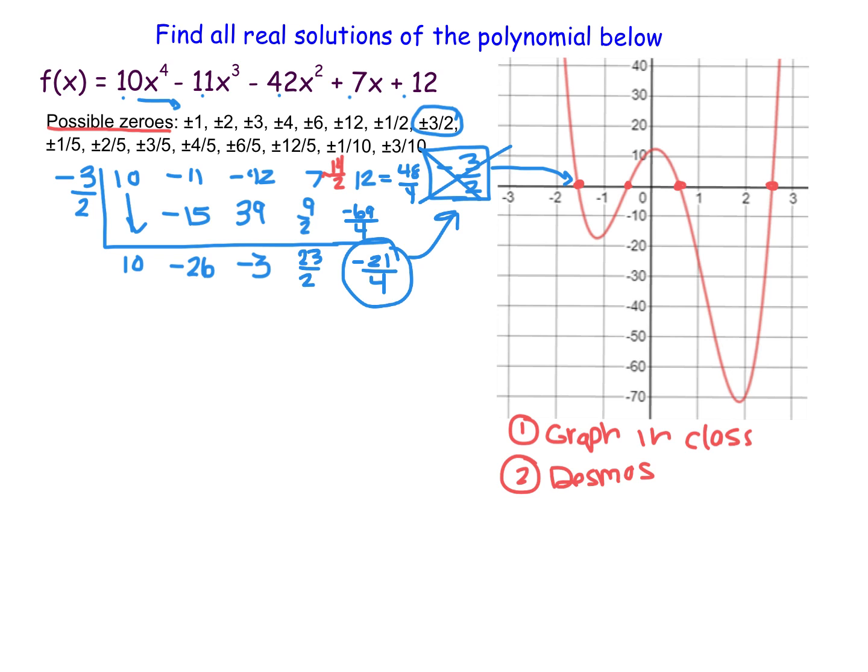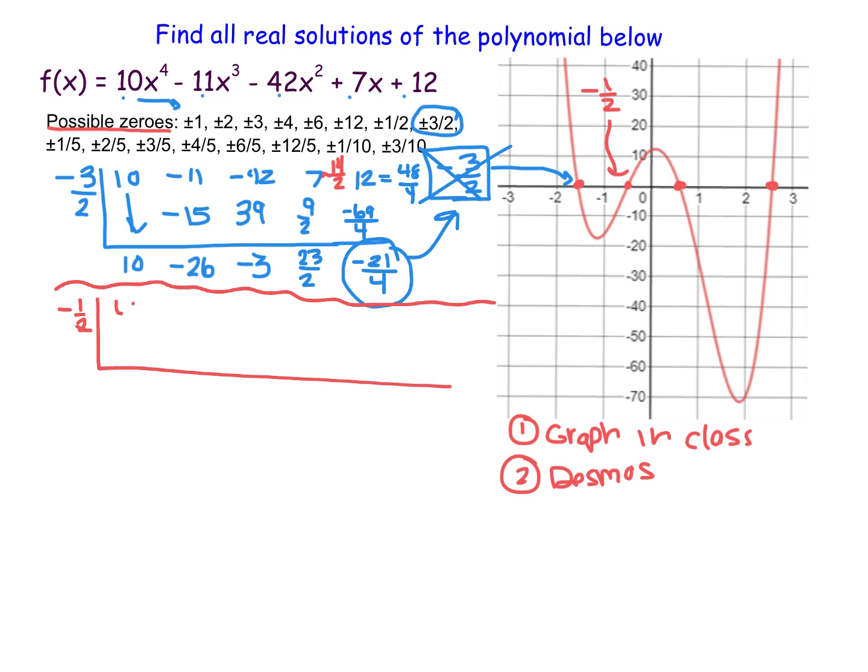So since that one is not the case, we're going to move on to the next one. We're going to focus on this one, and this one looks like it might be a -1/2. So we're going to try that one out second. So we're going to try out -1/2 and see what happens.